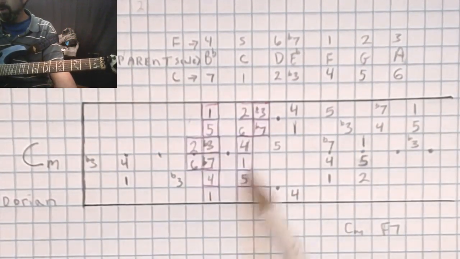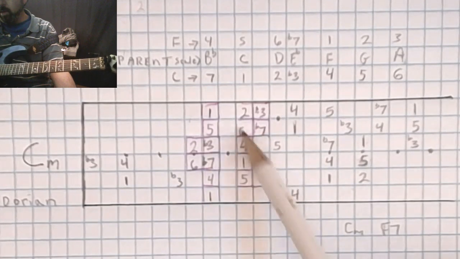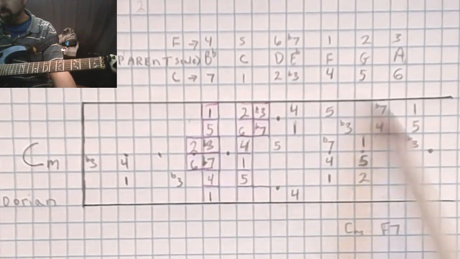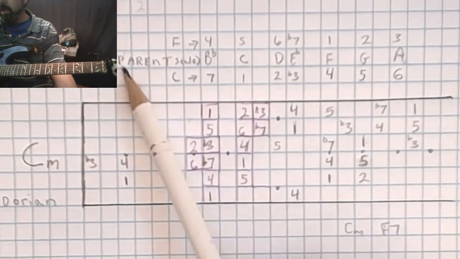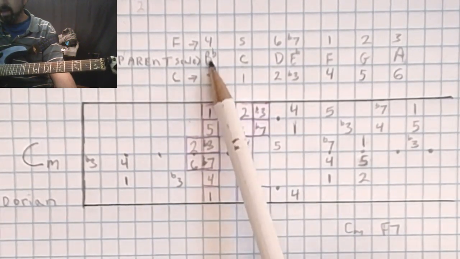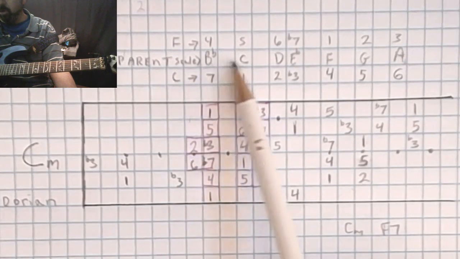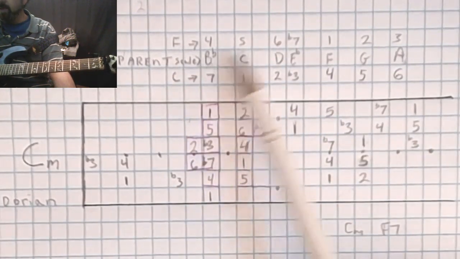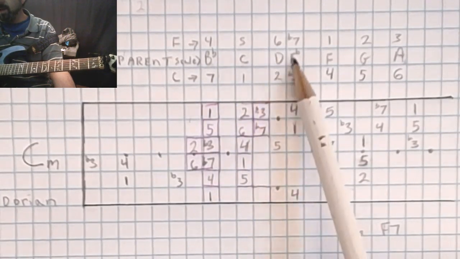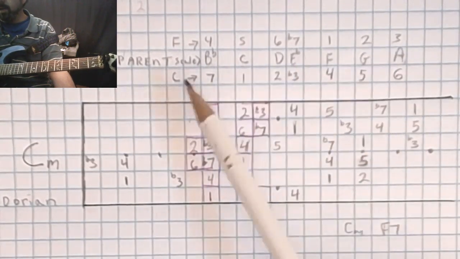If you take all the notes that are revealed in the solo, it ends up locking into a parent scale, which is B flat major: do, re, mi, fa, sol, la, ti, starting from B flat, C, D, E, F, G, A.